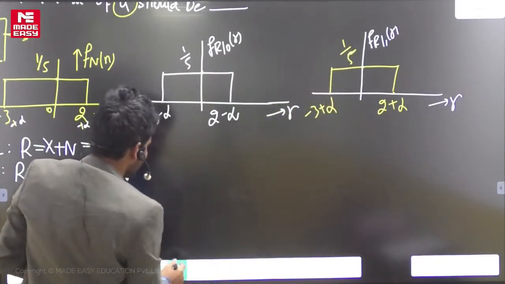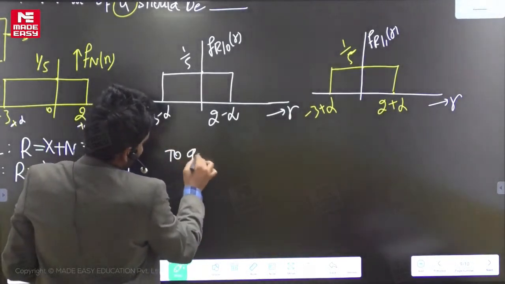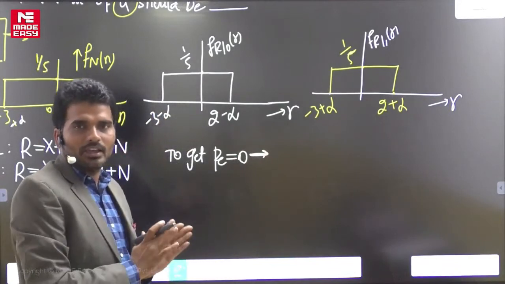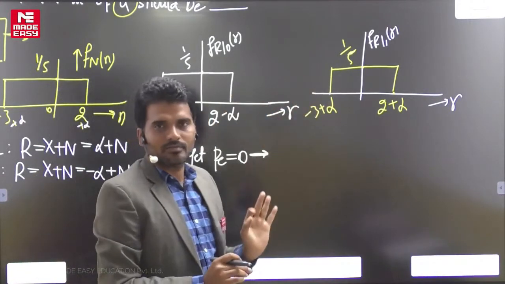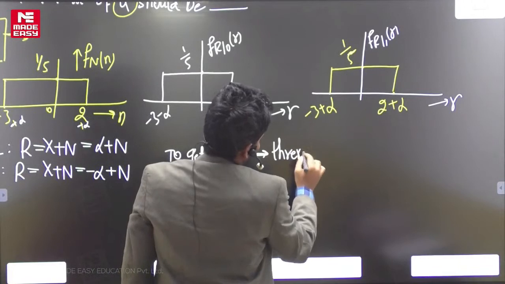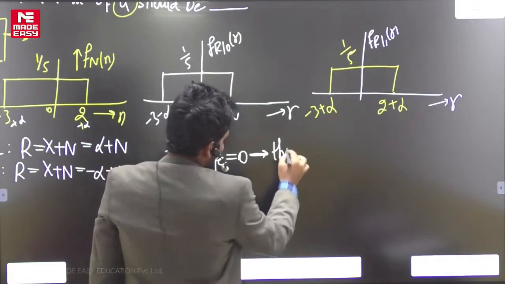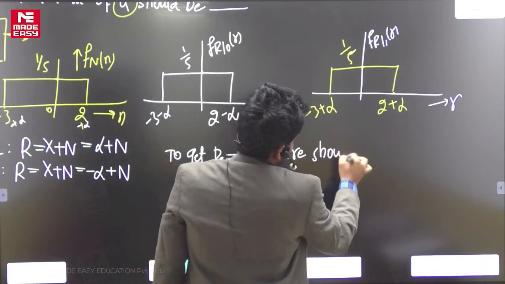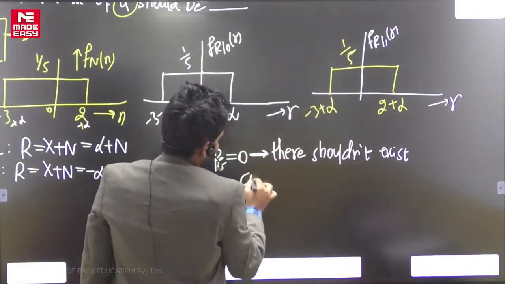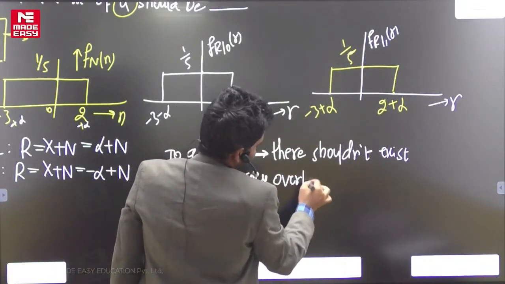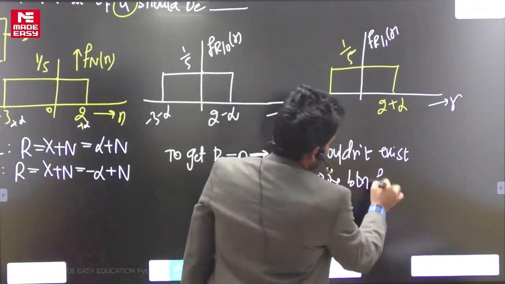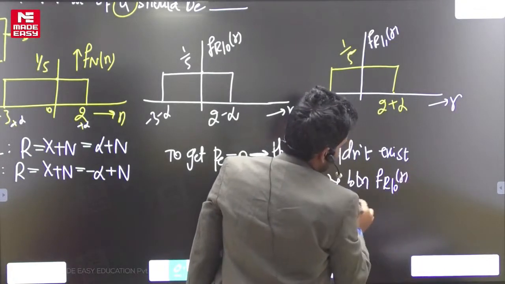To get probability of error 0, there should not be any overlapping between these two conditional density functions, between f(r|0) and f(r|1).